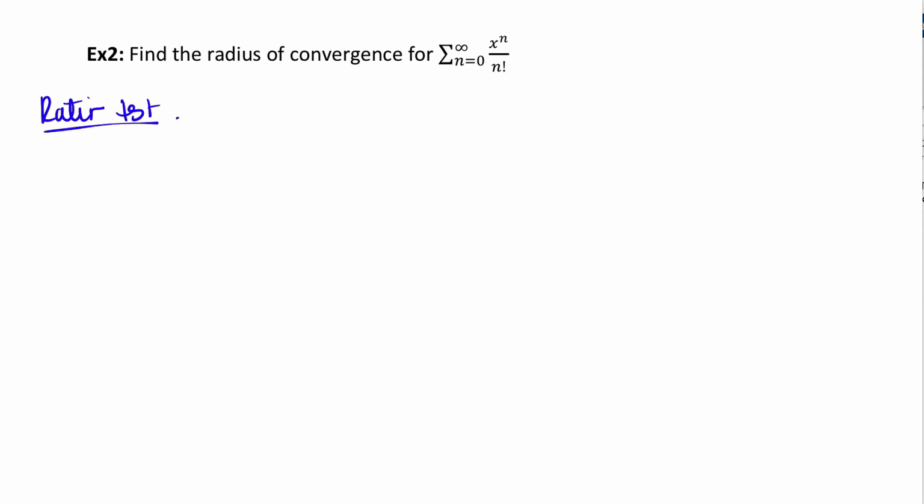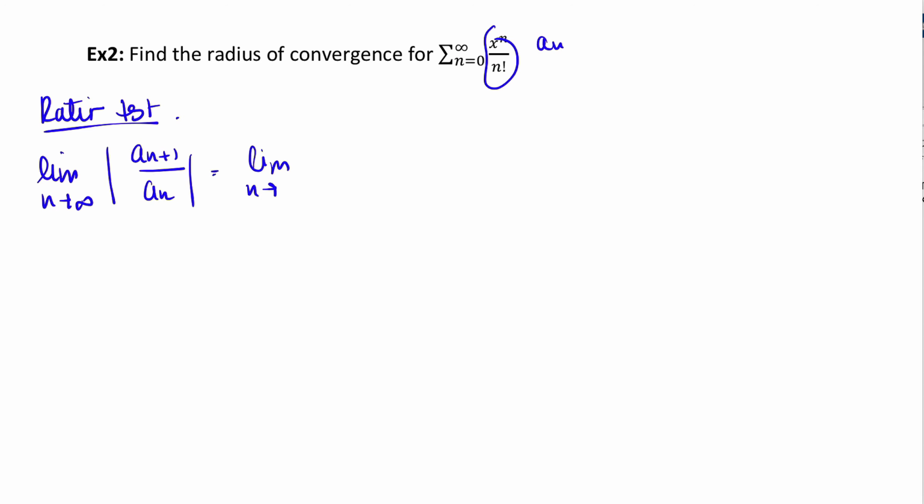Using the ratio test, I know that the limit as n goes to infinity of a sub n plus 1 over a sub n, where this is my a sub n, is equal to the limit as n goes to infinity of x to the n plus 1 over n plus 1 factorial. Then I have to divide by the nth term, which is the same as multiplying by the reciprocal, so I get n factorial over x to the n.